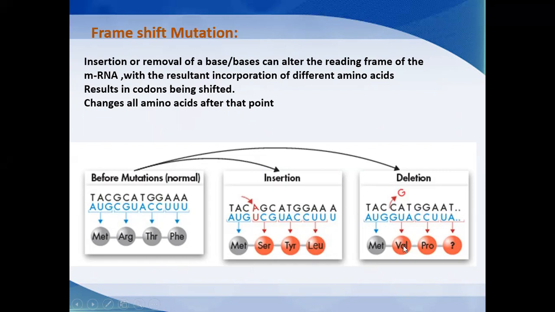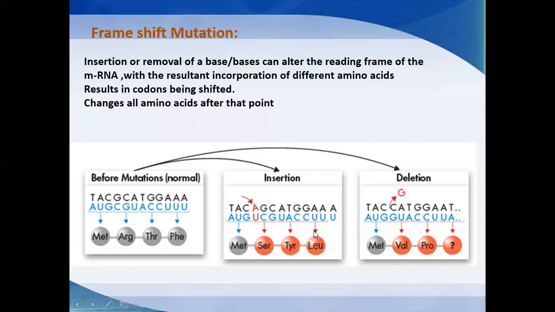By deletion of a G nitrogen base, the corresponding complementary base is also deleted at the time of transcription. CG, AU, and TA become new codons. Those new codons represent other amino acids, valine and proline, and so on. Here only two are shown, so we put a question mark.